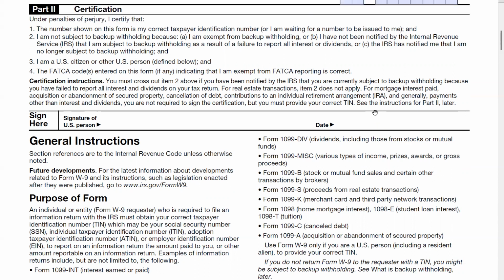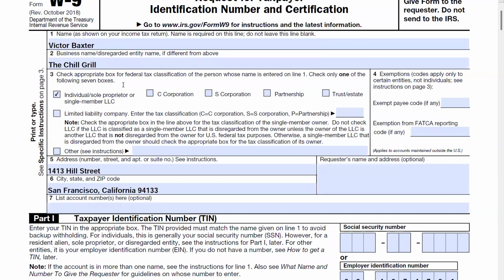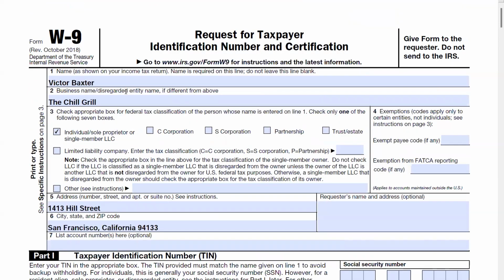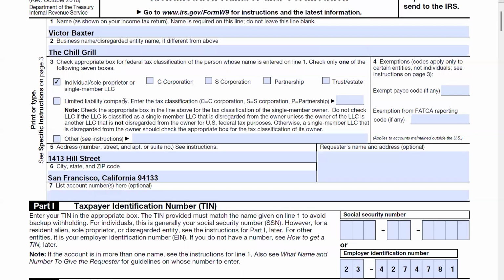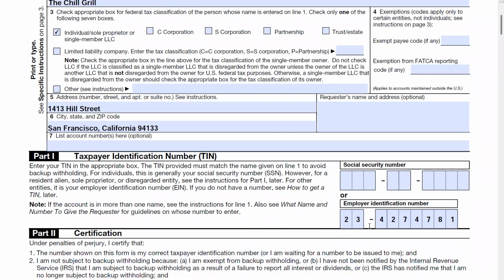We want to make sure you have all your I's dotted, T's crossed, and filling out a W-9 form is one of the first things you'll do when you get a new client that wants to have this on file. All right. So don't look at them like they're crazy because they're asking for your social security number or your EIN.